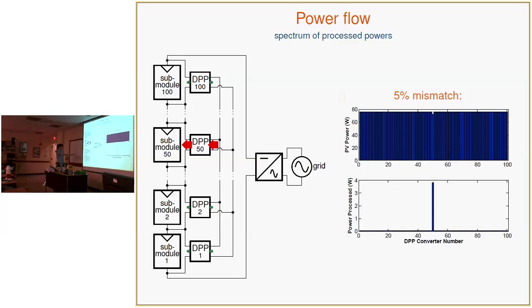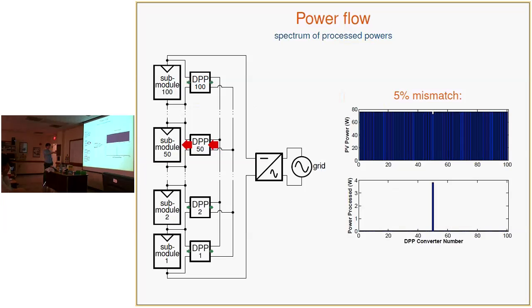And all of these small green arrows correspond to this small amount of power processed in the plot, besides converter 50, which corresponds to these big red arrows. And that just shows that all of the evenly illuminated submodules are injecting a small amount of power onto the bus, and all of this small amount of power accumulates and is injected back to submodule 50 to compensate for it and operate it at its maximum power point.